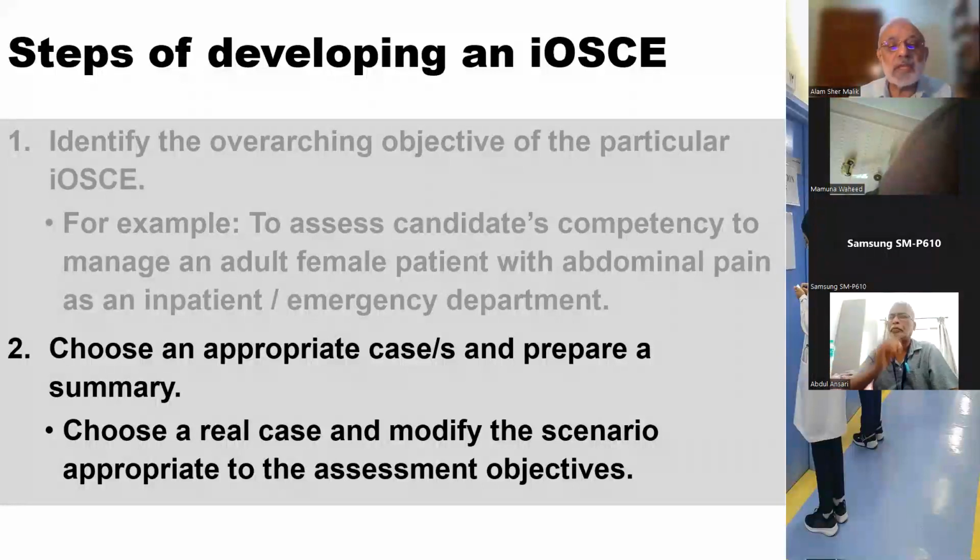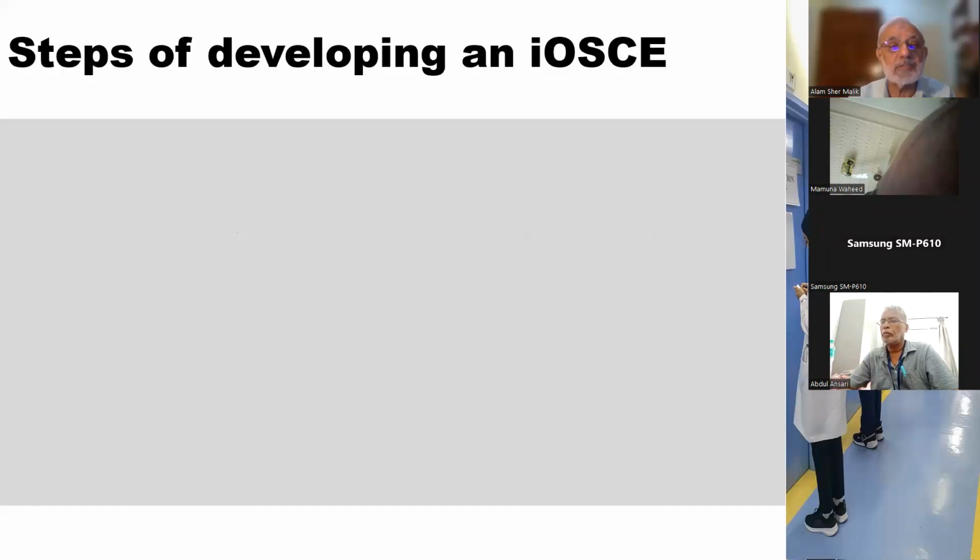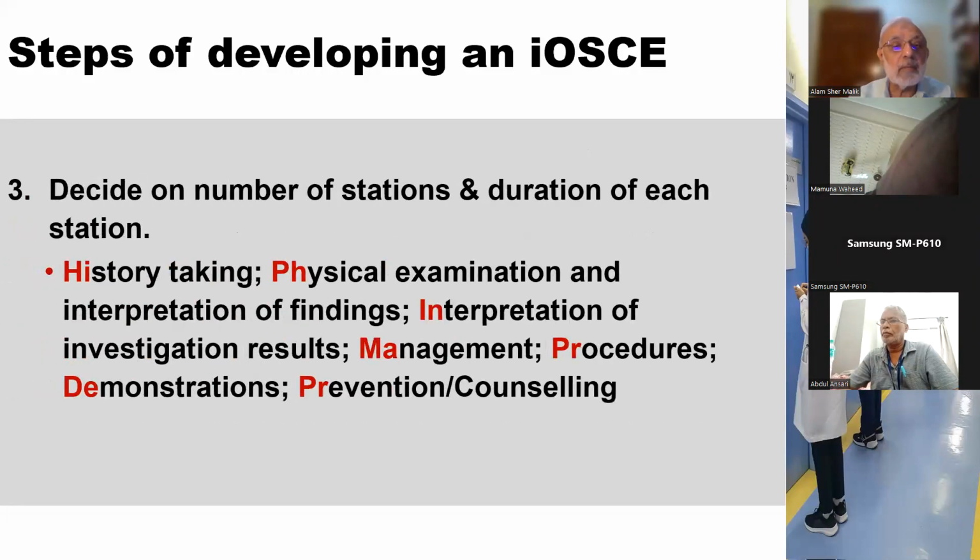Number 2, choose an appropriate case or cases and prepare a summary. The best thing is to choose a real case and modify the scenario appropriate to the assessment objectives. Number 3, decide on the number of stations and the duration of each station.